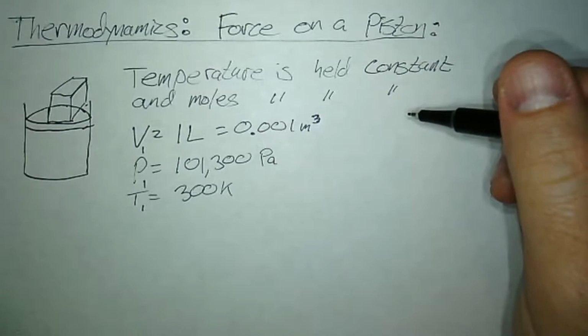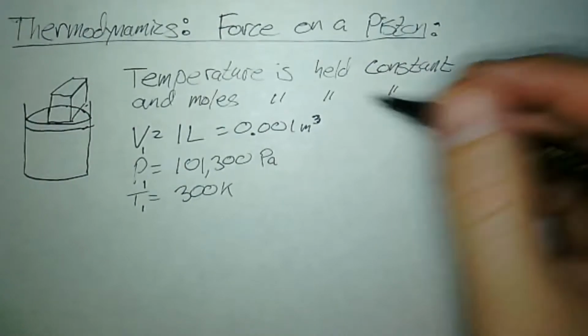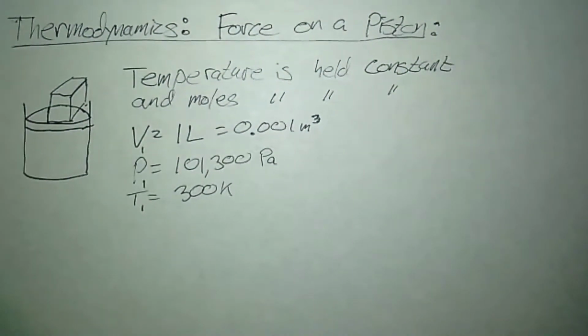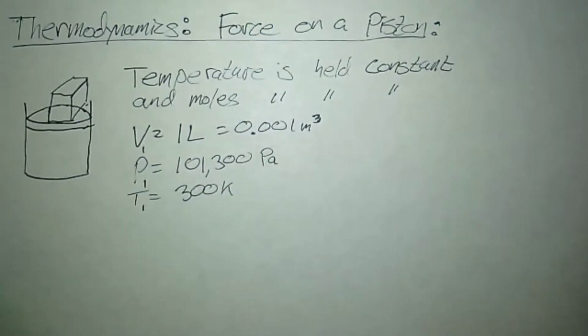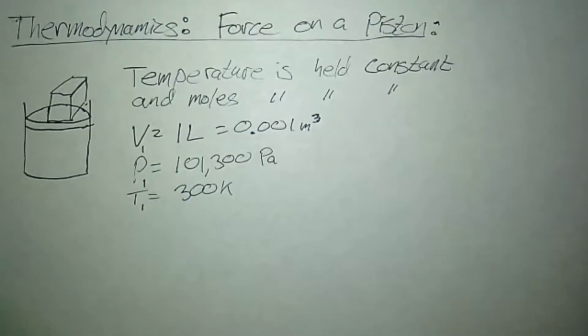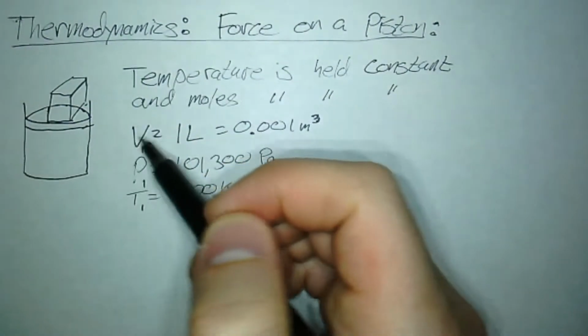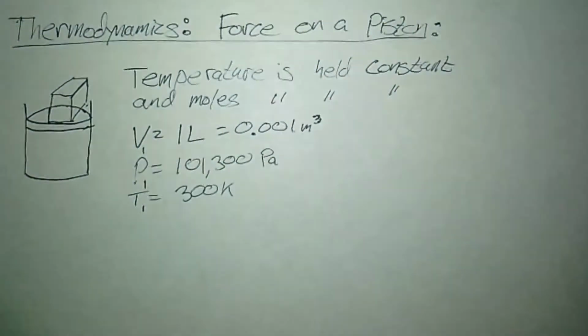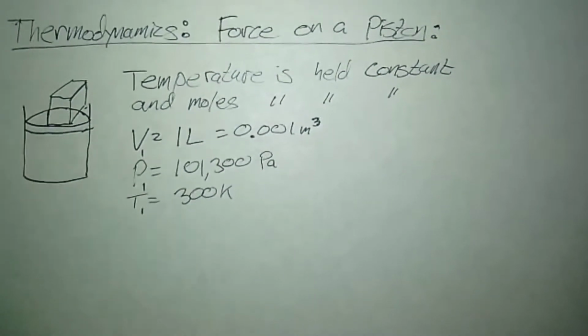So then you put a weight on top of it. You put this block on top because before it didn't have it. And you are going to see that your volume is going to decrease as the piston goes down, right? And temperature is held constant.